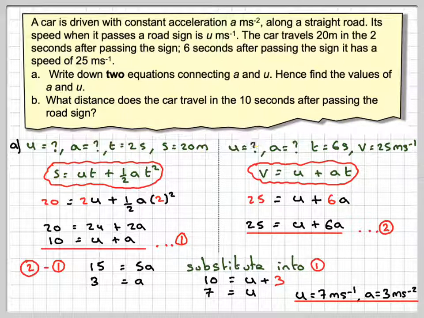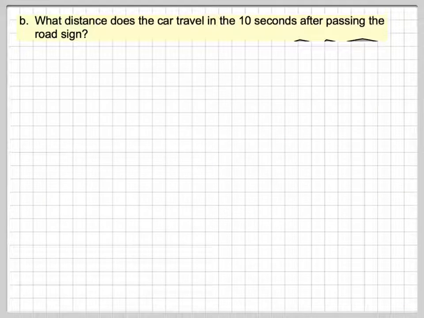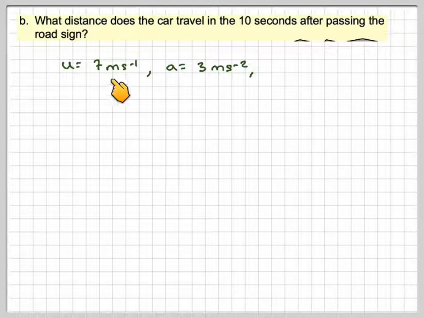So using that, we can now find how far the car travels in 10 seconds. So u is equal to 7 meters per second, the acceleration is 3 meters per second squared, and the time is 10 seconds.